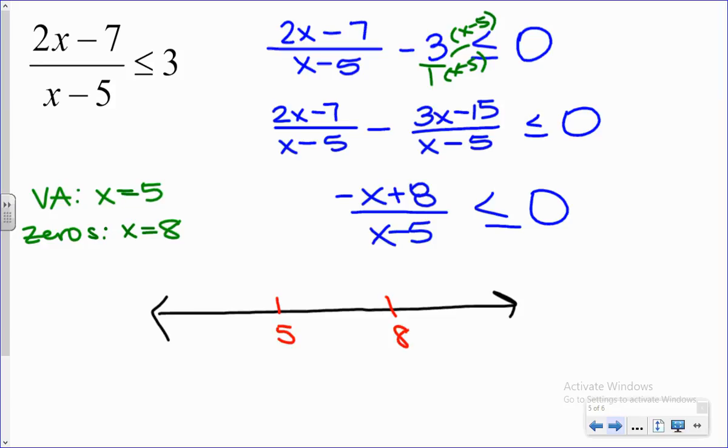Okay, so let's just test some values. What is a nice value to test between negative infinity and 5? I would always try to plug in 0 if you can. Okay, so when we plug in 0, we are left with 8 over negative 5. Is that less than or equal to 0? Yep.